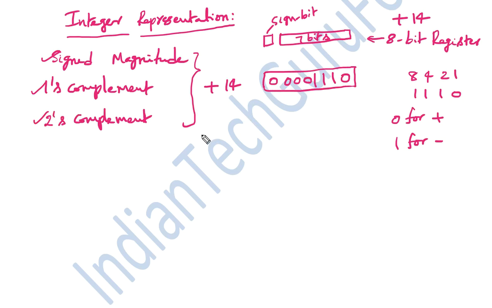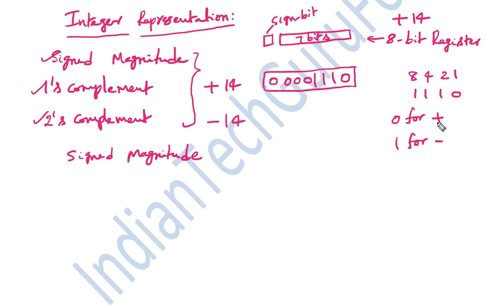However, to represent negative integers, for example minus 14, it is different for signed magnitude, ones complement, as well as twos complement representation. In signed magnitude representation, minus 14 is represented just by changing the sign bit.